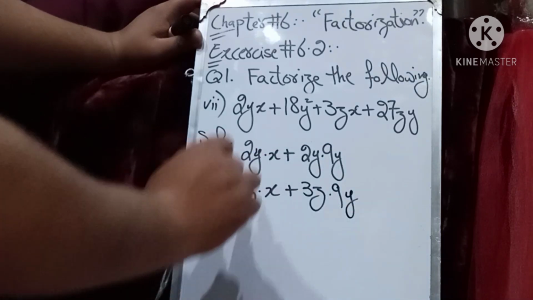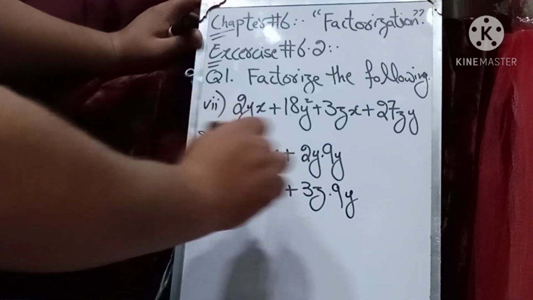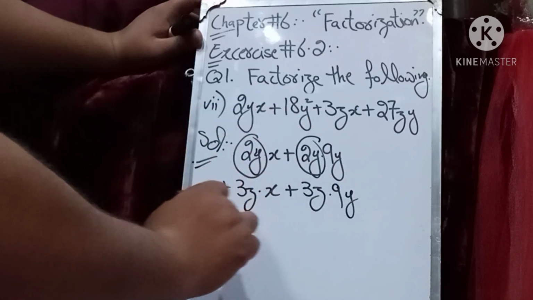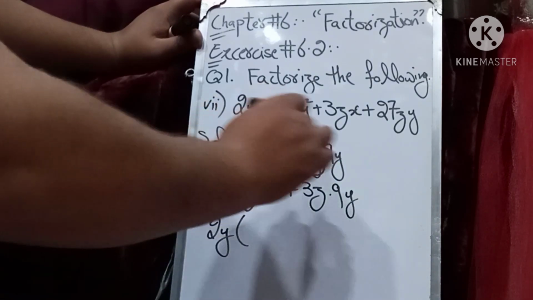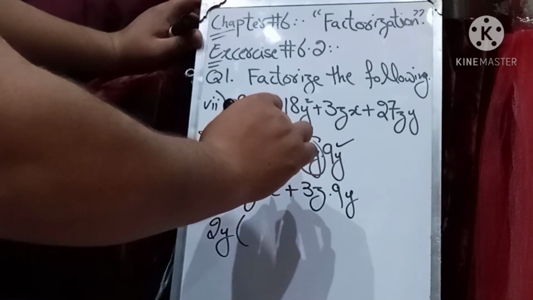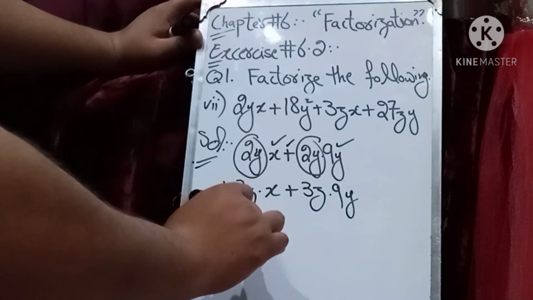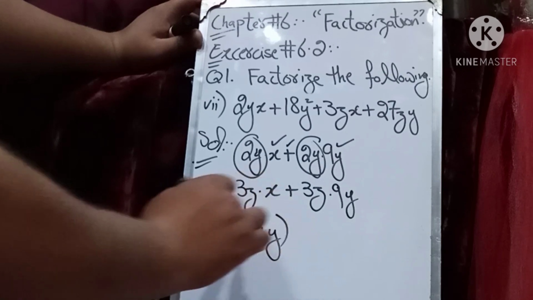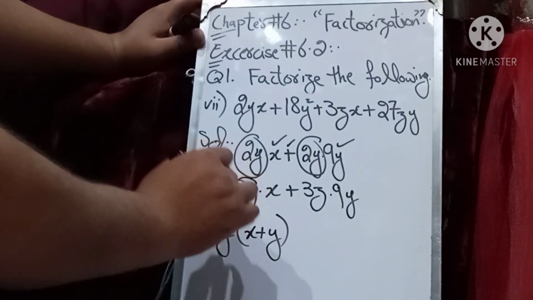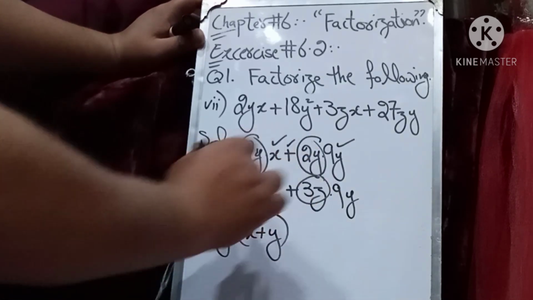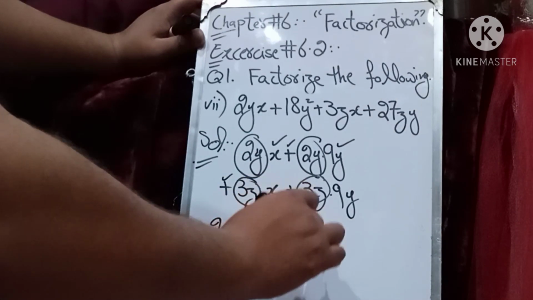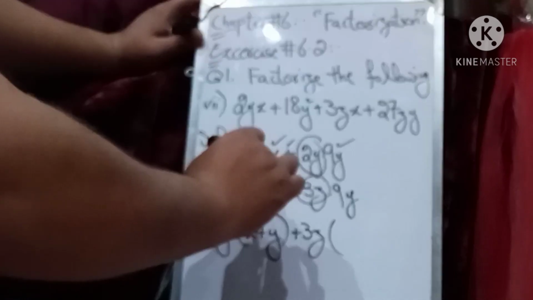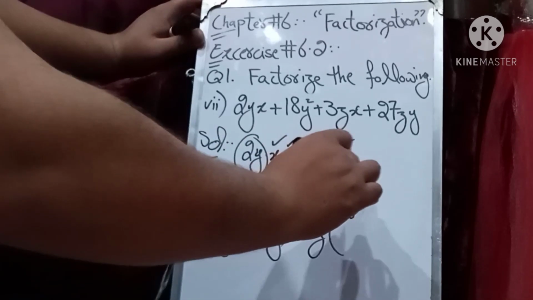You will see that we got two common factors, one is 2y and the other one is 3z. So we have 2y as common with x plus 9y in the bracket, and the second common is 3z with x plus 9y in the bracket.